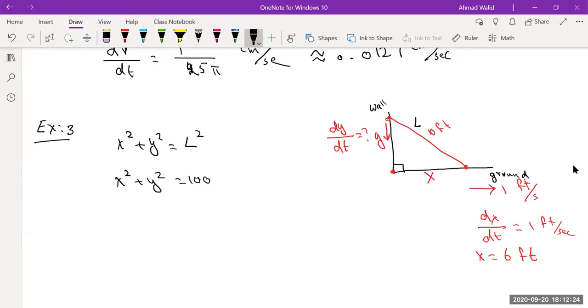What was your step 2? Step 2, take the derivative of both sides implicitly. And with respect to what? With respect to t.